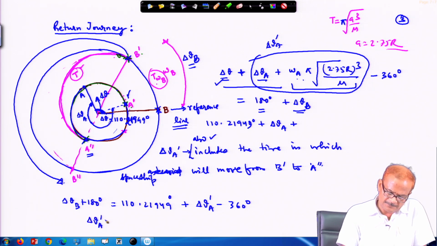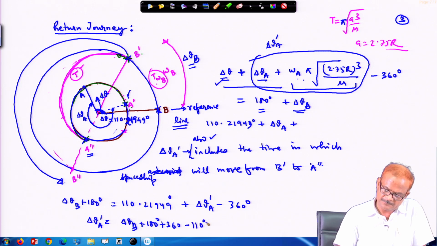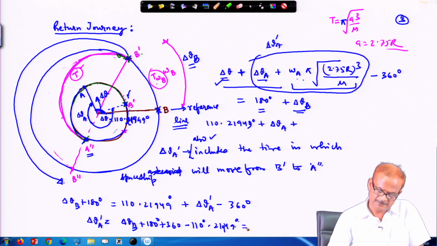So, delta theta A prime equals delta theta B plus 180 degree plus 360 degree minus 110.21949 degree. This quantity turns out to be 429.78051 degree plus delta theta b.